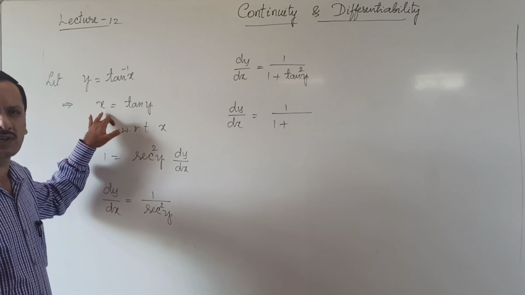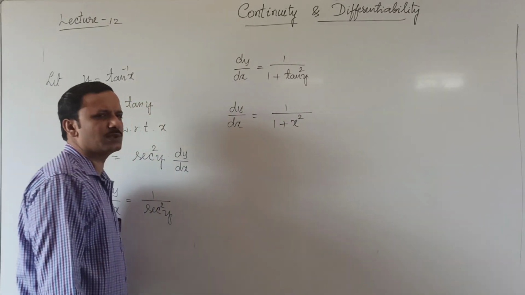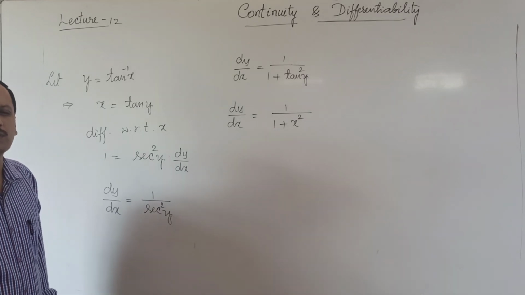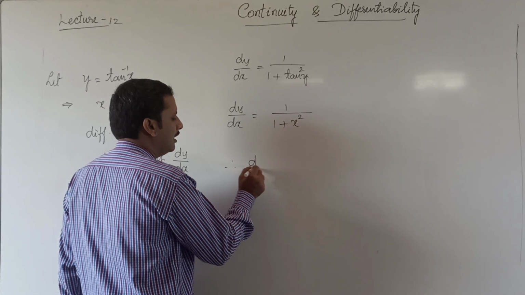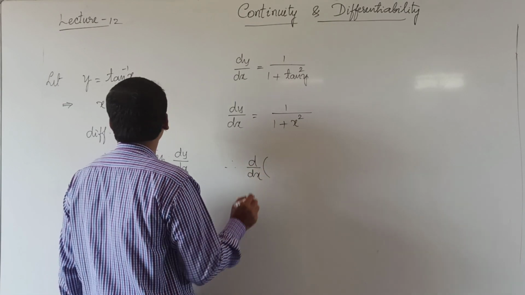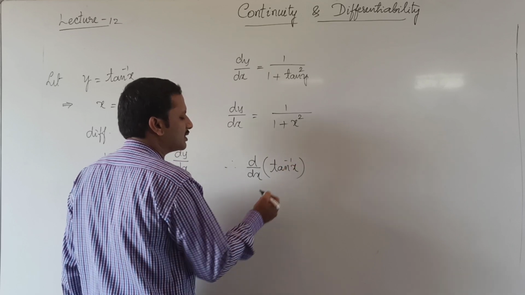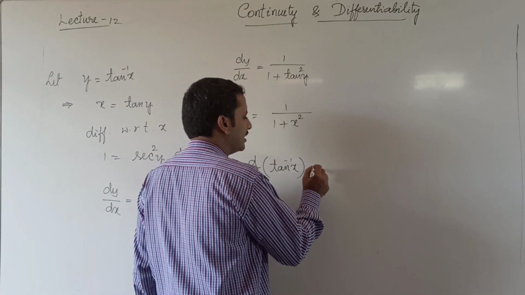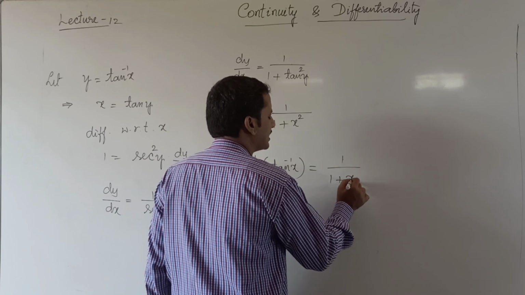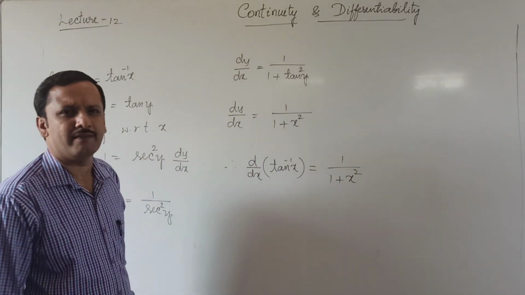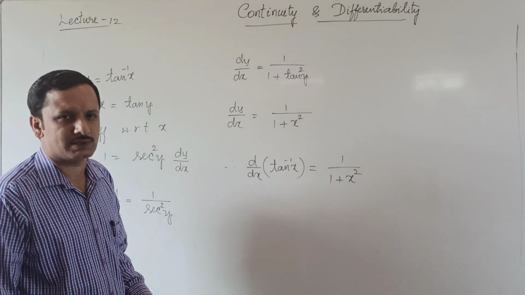Tan y is equal to x, so tan square y is equal to x square. Dy by dx is equal to 1 by 1 plus x square. Therefore, dy by dx of y, what is y? Tan inverse x. The derivative of tan inverse x is equal to 1 by 1 plus x square.